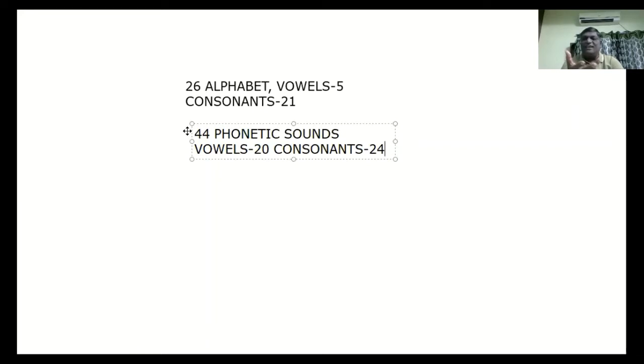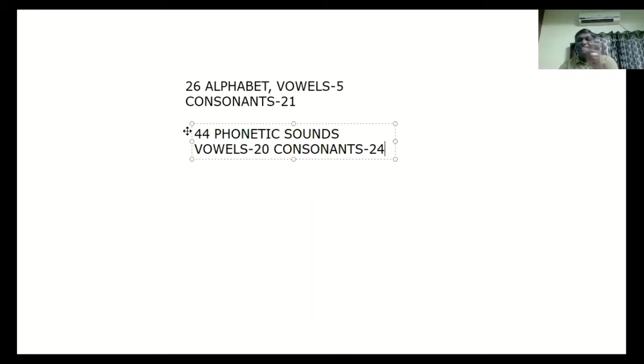It comes under A. Likewise, only A covers so many sounds.